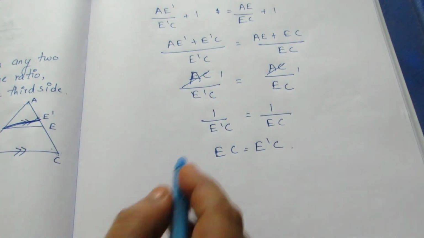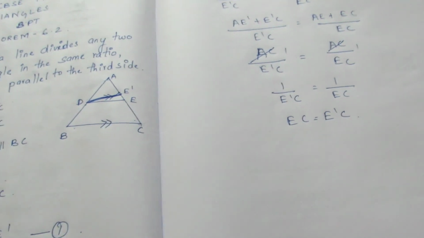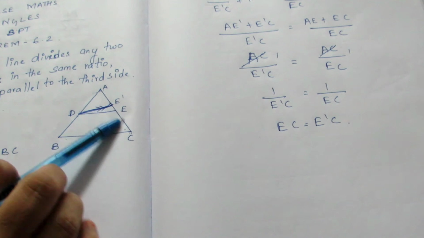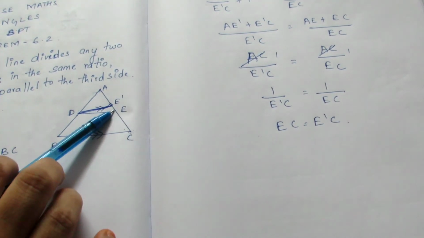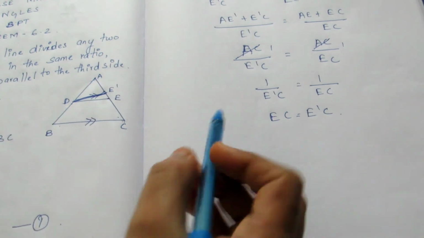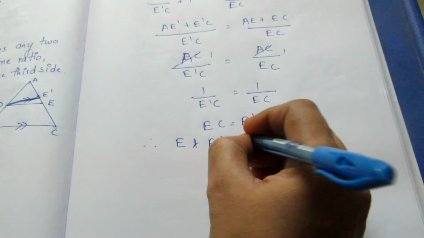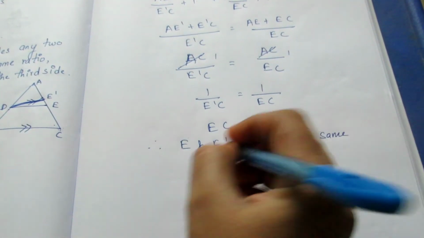That means these two lengths are equal. If EC is equal to E dash C, that means they lie on the same point. Therefore E and E dash lie on the same point.